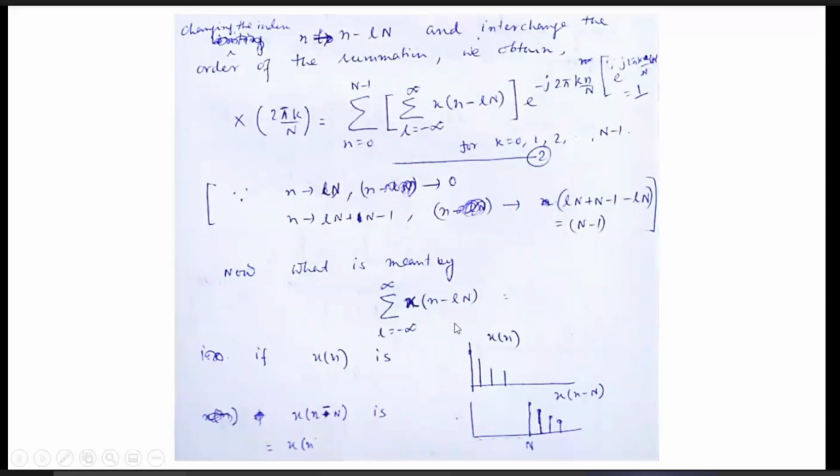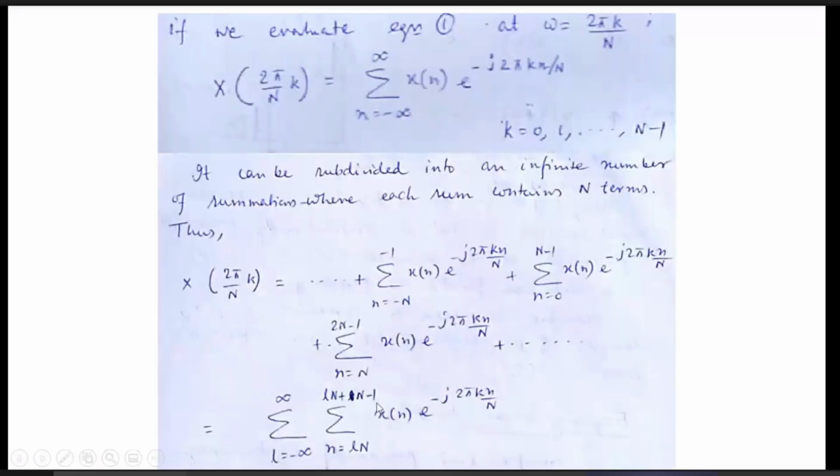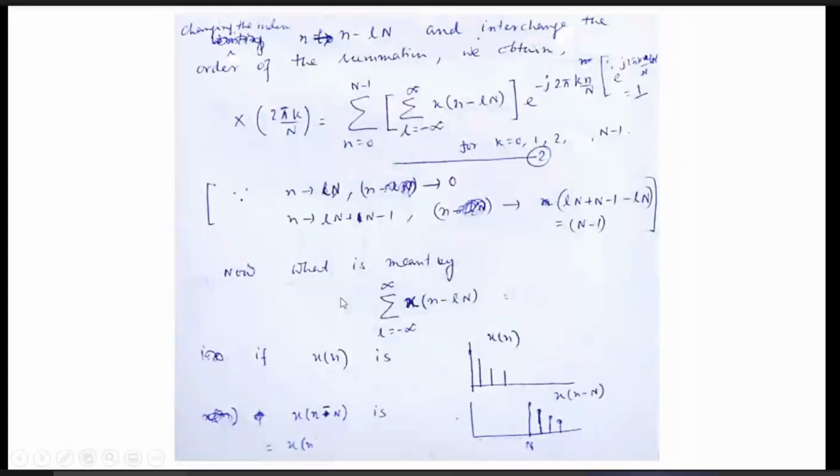So this is written by changing the order of the summation. This goes inside, this goes outside, so we change the limit this way. This becomes 0 to n minus 1, and the limit of L remains the same.